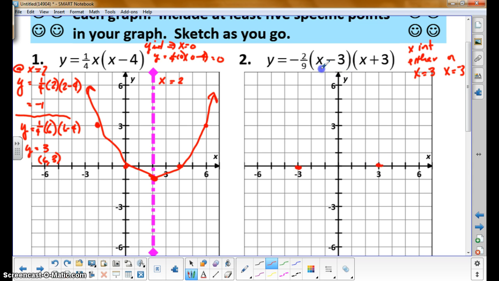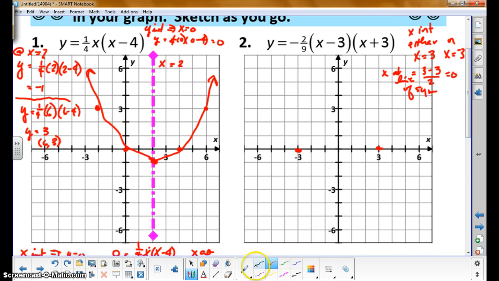You set that factor equal to 0 and you set that factor equal to 0 to get 3 and negative 3. Okay, our line of symmetry is halfway between. So 3 plus a negative 3 over 2, and that is 0. So x at the line of symmetry is 0.